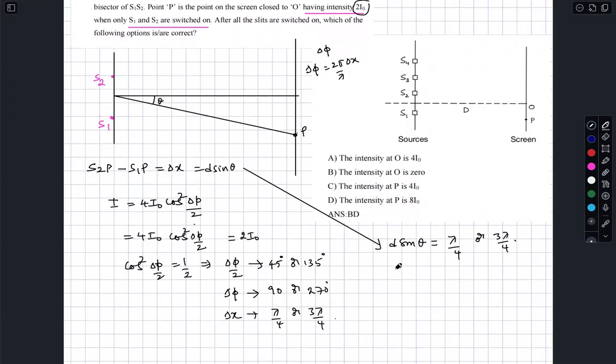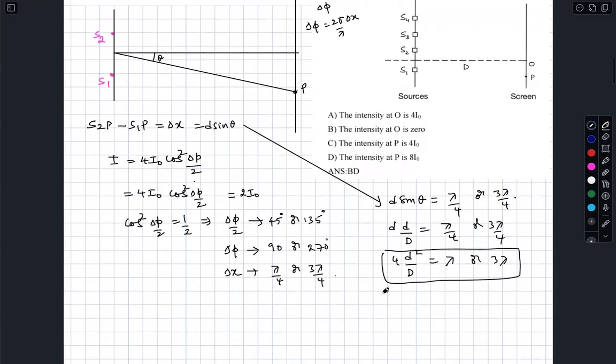So d times small d by capital D is lambda by 4 or 3 lambda by 4. So wherever I see d square by capital D, I will use lambda by 4 or 3 lambda by 4. Let us see what happens in the process.